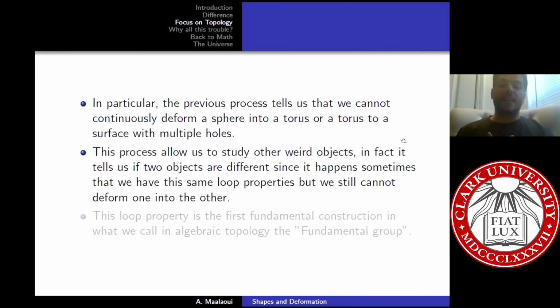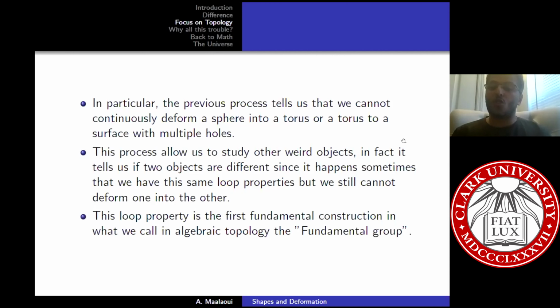In fact, it tells us if 2 objects are different, since it happens sometimes that they can have the same loop properties, but they cannot be deformed one into another. So it's good to distinguish it and tell that these two shapes are different. So this loop property is the first fundamental construction in what we call in algebraic topology the fundamental group. Okay?